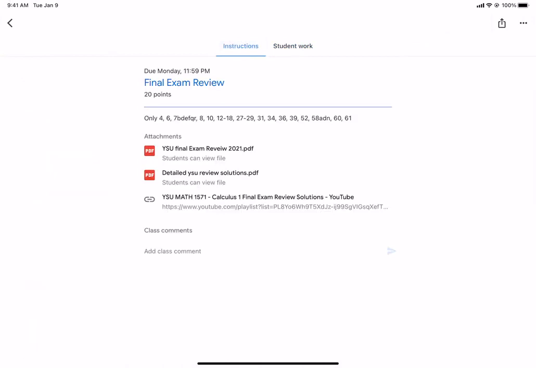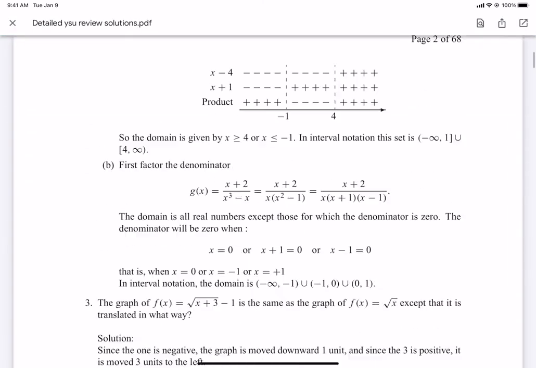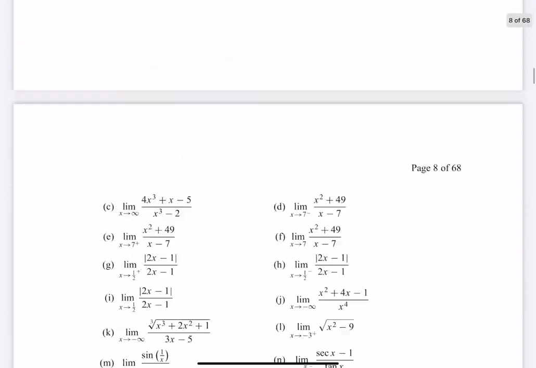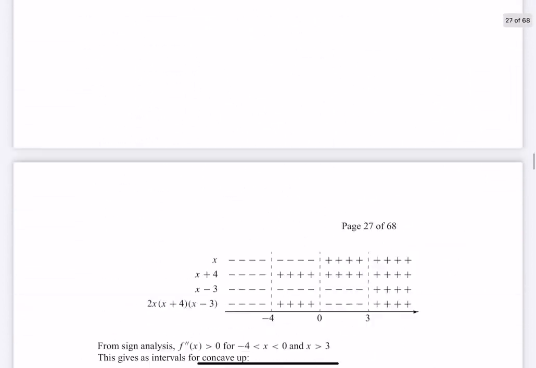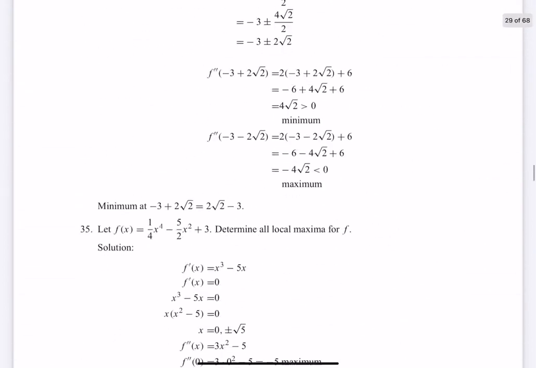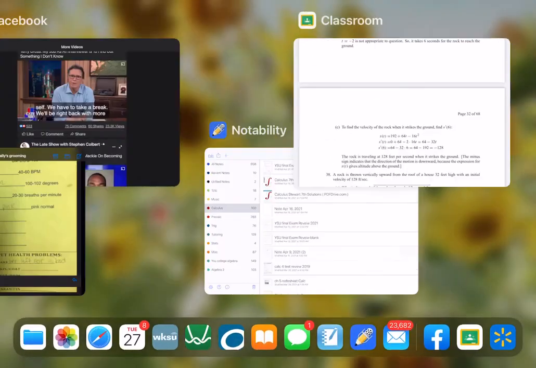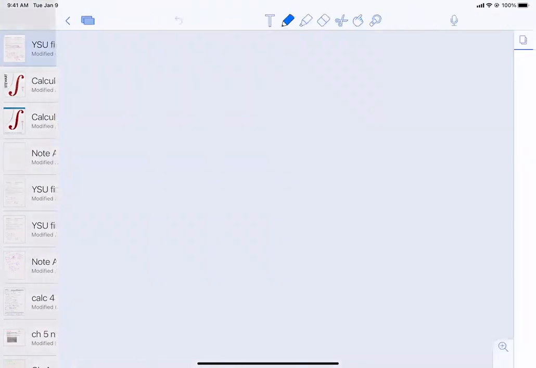Yeah, they use the quadratic formula and get negative 3 plus or minus 2 radical 2. So they did what I did. Did they do the plus and minus term? No. Oh, they did, in the f second prime. Okay, so let me go back.